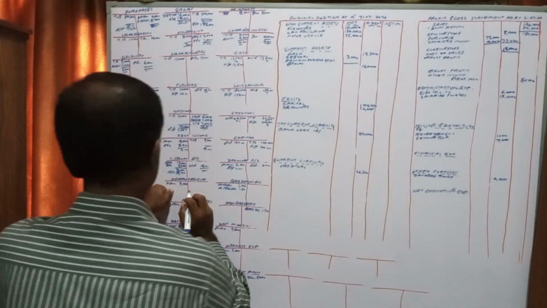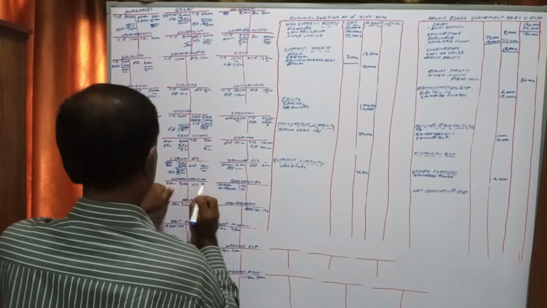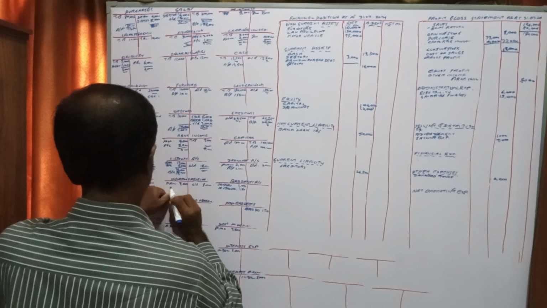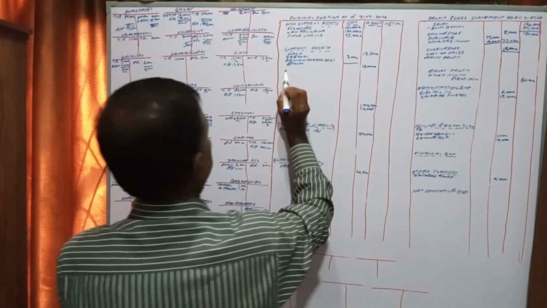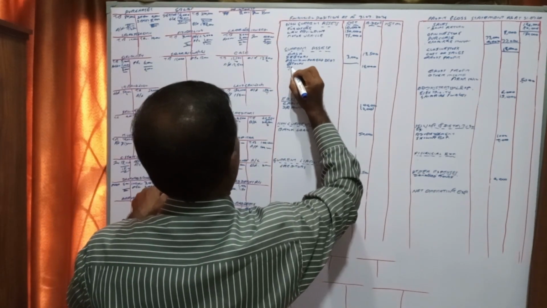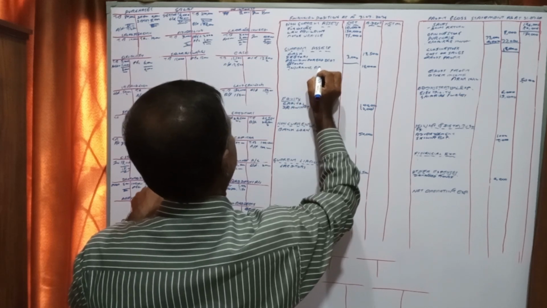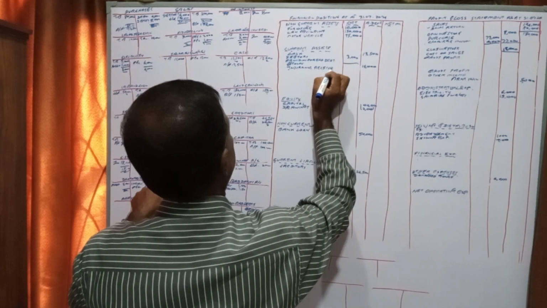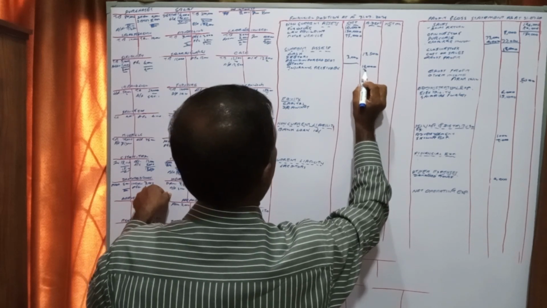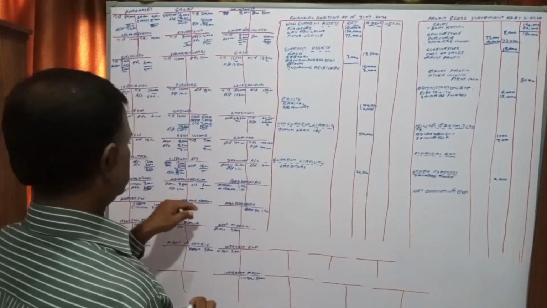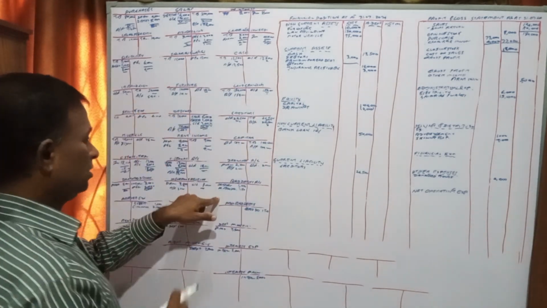Insurance receivable, carried down 3,000, brought forward 3,000. Insurance receivable 3,000. It is a current asset, right? Insurance receivable is current assets.